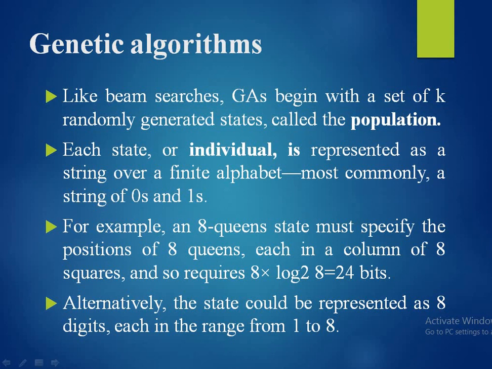For example, an 8-queen state must specify the positions of 8 queens, each in a column of 8 squares, and so requires 8 times log base 2 of 8, which is equivalent to 24 bits. Alternatively, the state could be represented as 8 digits, each in the range from 1 to 8.